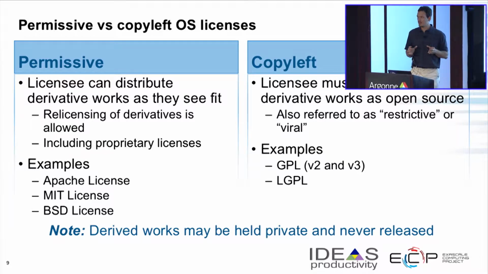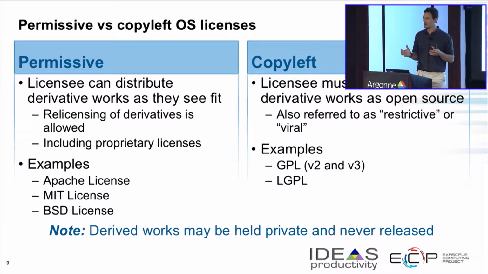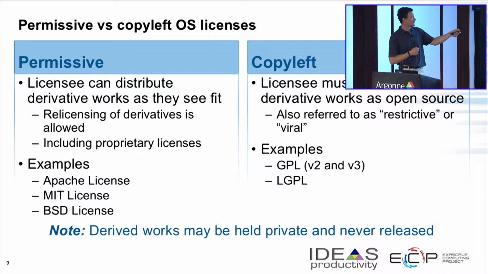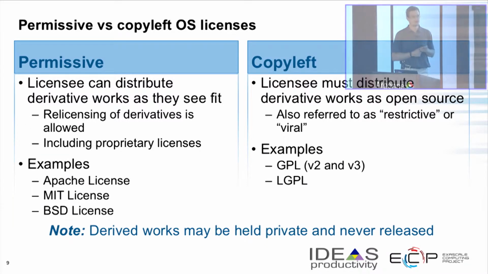Within open source licenses, there's kind of a couple of families of licenses. One is referred to as permissive, and one is referred to as copylefting. And the key difference is that when you copyleft a code, then derivative works of that code must be licensed open source.